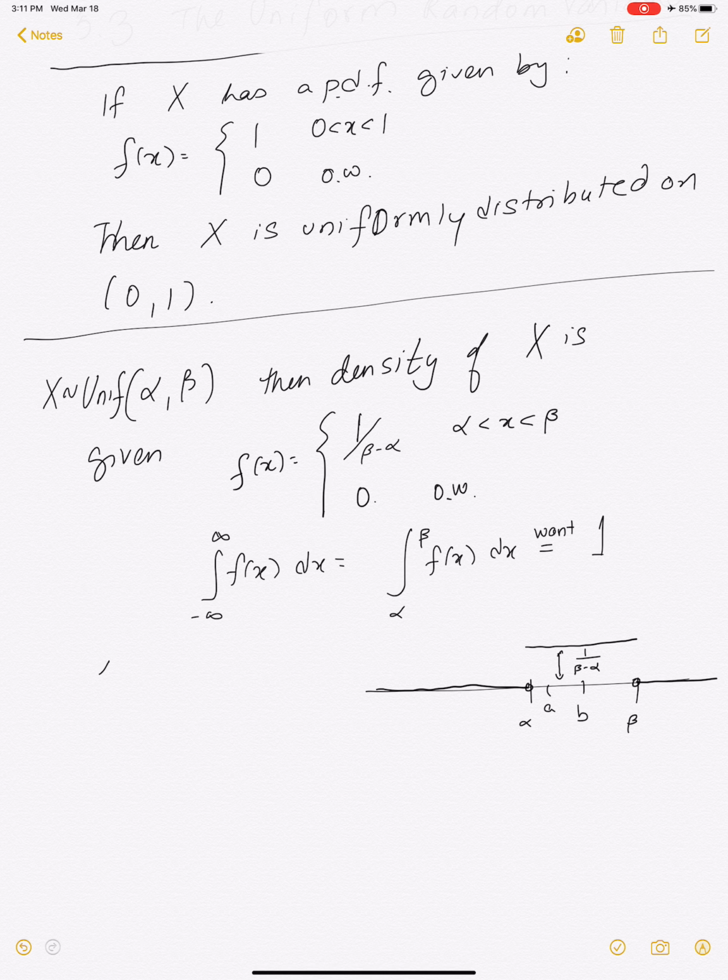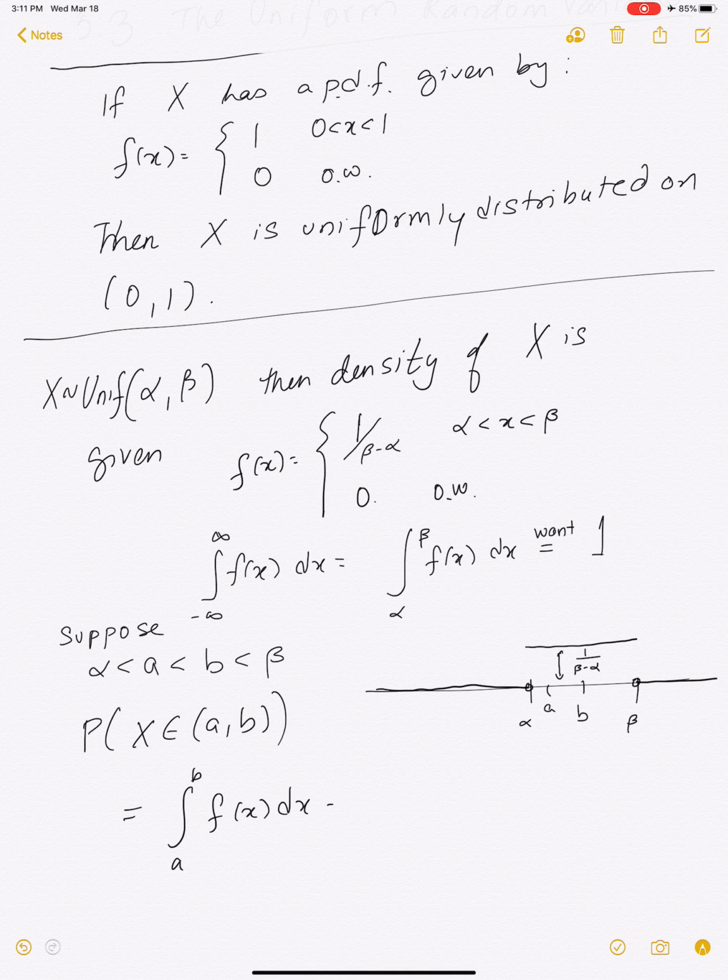Suppose a is bigger than alpha, b is less than beta, and b is bigger than a. Then the probability that x is in the interval a to b is the integral from a to b of the density of x, which is the integral from a to b of 1 over beta minus alpha dx. So that is b minus a over beta minus alpha.